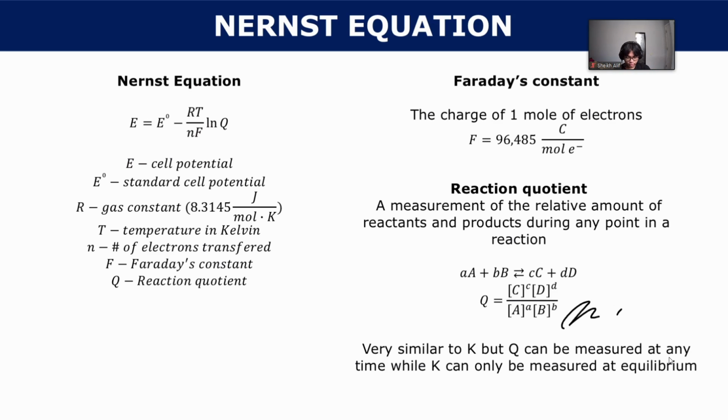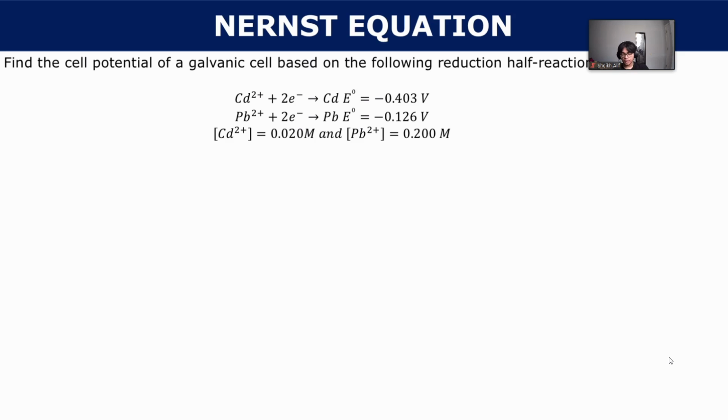So let's look at a little example problem. Find the cell potential of a galvanic cell based on the following reduction half reactions at 25 degrees Celsius. We're given the half reactions, and we're also given certain concentrations of our reactants.